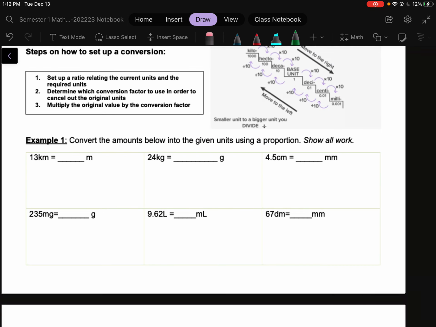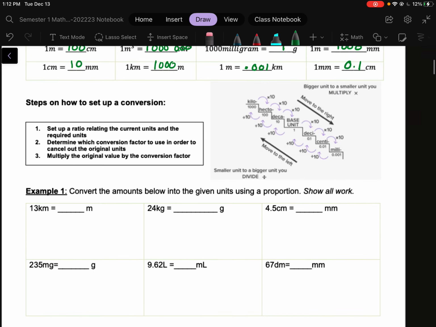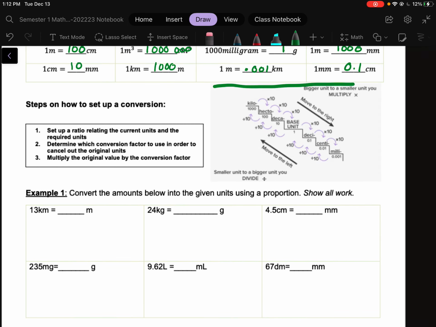This is a conversion sheet, but I will be giving you another one for your future assessments, so you can convert easily. If you want to remember this picture, you can create an acronym for it, whatever you like. One type of acronym is King Henry died by drinking chocolate milk. You can use that if you like. It's up to you how you want to do it, but make sure that you understand it.